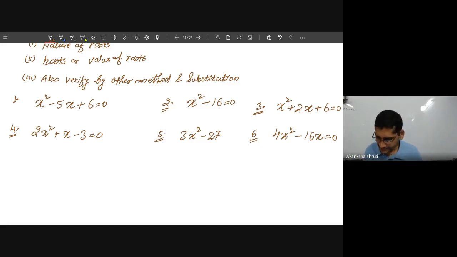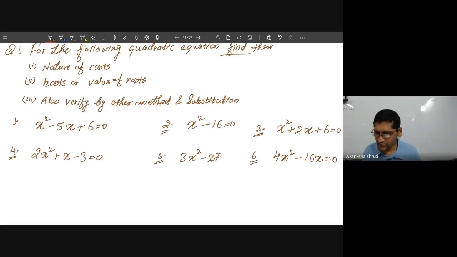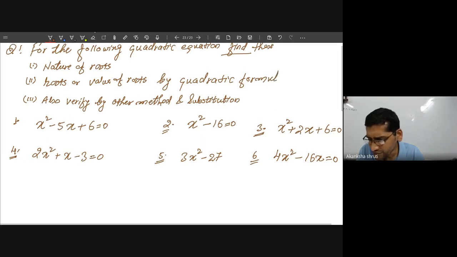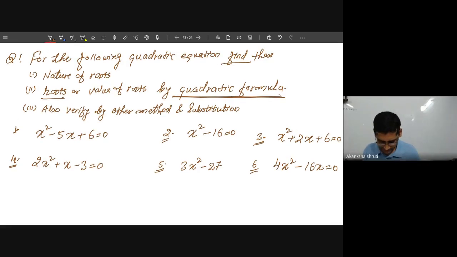You have to find the nature of roots by writing a, b, c. First you have to write the coefficient of x square, coefficient of x, and the constant term. Then find the value of roots by the quadratic formula. By applying the quadratic formula, we want to calculate the roots, and that can be verified by the factorization method or by substituting. Students, these are the questions that I have to do.